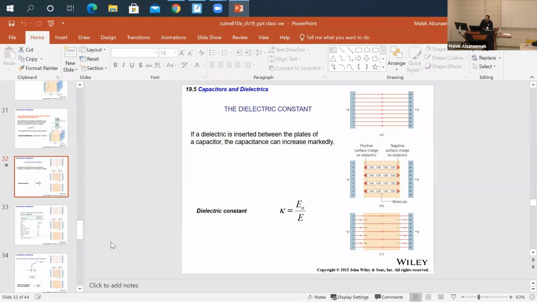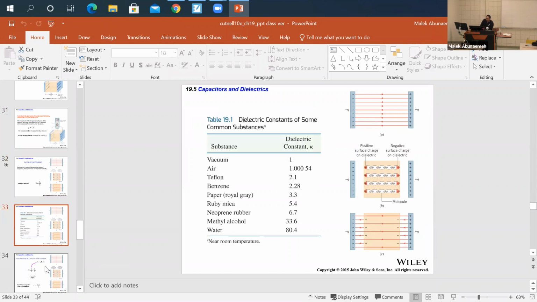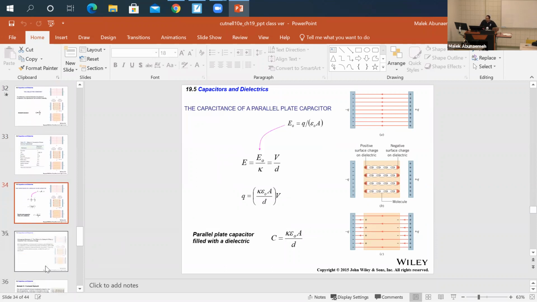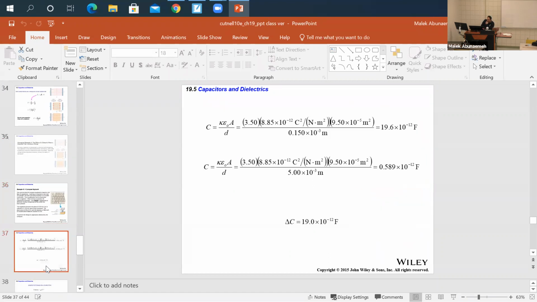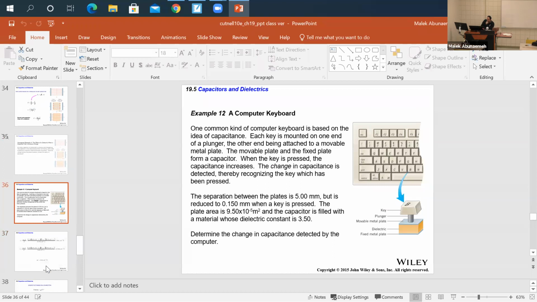Now, we also talked about the dielectric constant, which is going to equal E naught over E. And we define E naught as Q over epsilon naught A. So your capacitance equals your dielectric constant multiplied by epsilon naught A over D. And here's another example. Go ahead and pause this video, work on this example, see if you actually can solve it.